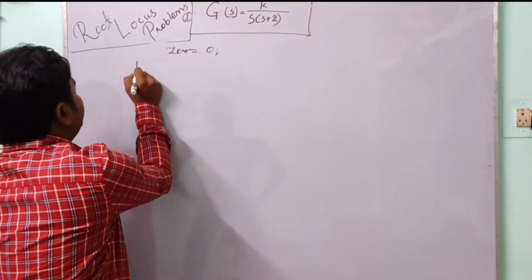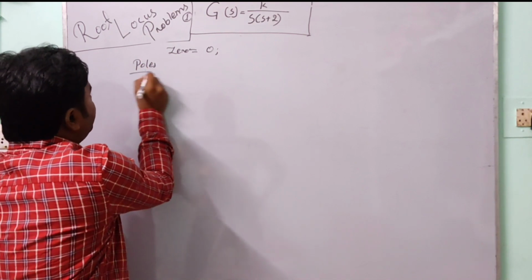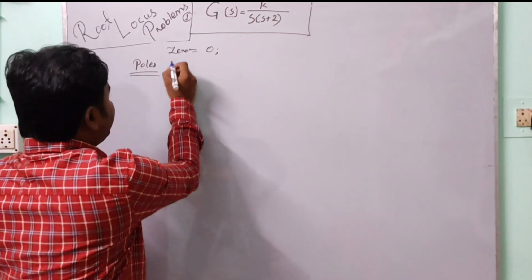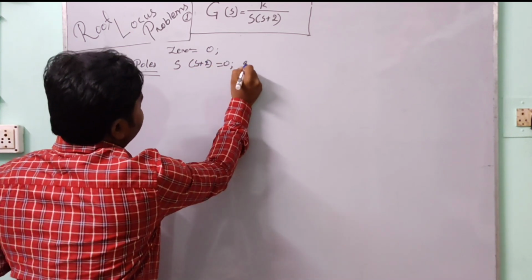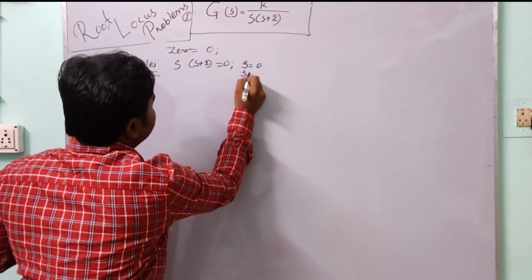For the number of poles, s into s plus 2 is equal to 0. That implies s = 0 and s = -2.